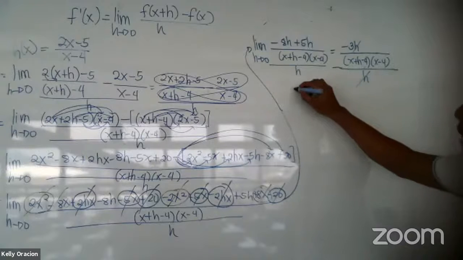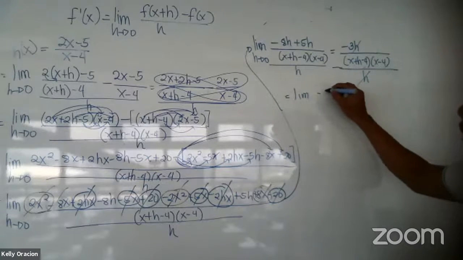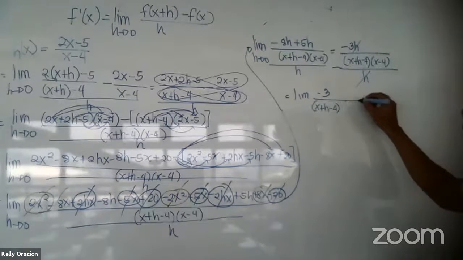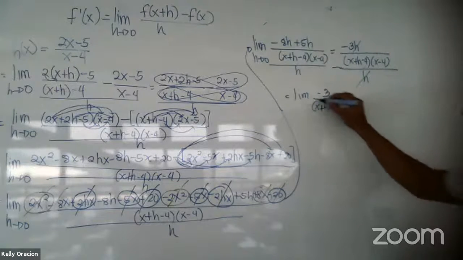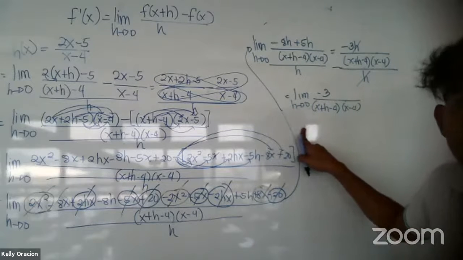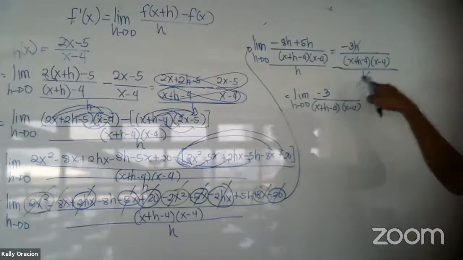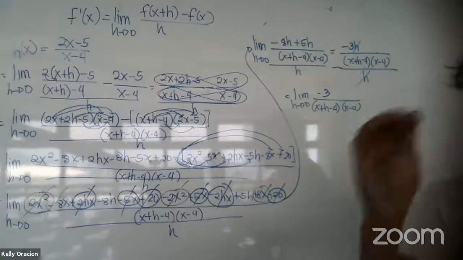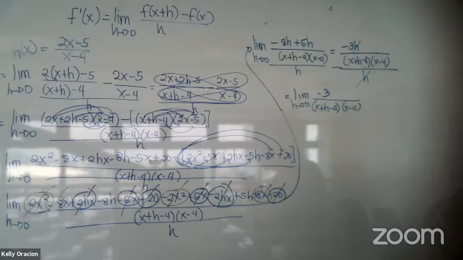So what remains is the limit of negative 3 over x plus h minus 4, x minus 4, as h approaches 0. This time, you can substitute your h, since the h in the denominator has been cancelled. That is really one of the goals, class: the h in the denominator must cancel so that you can substitute afterwards.